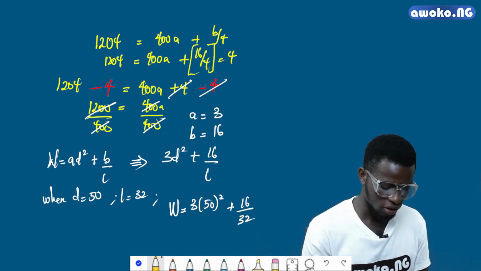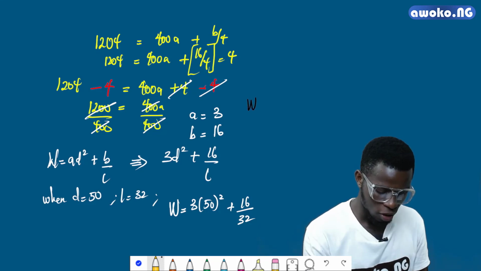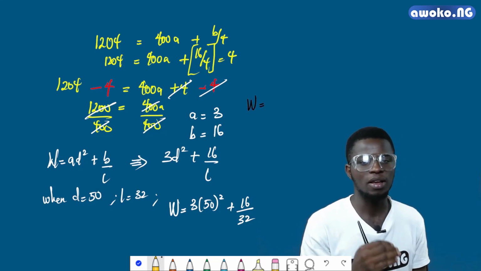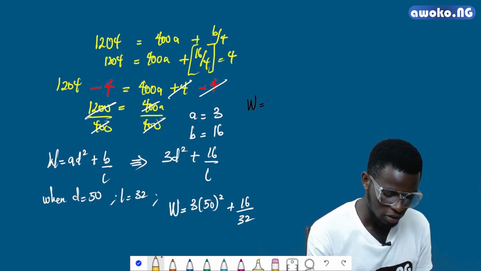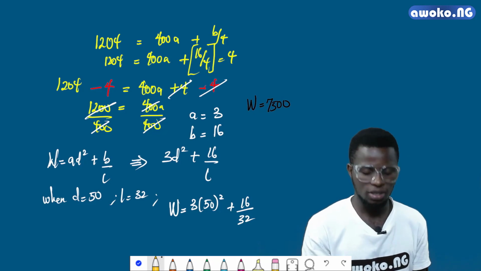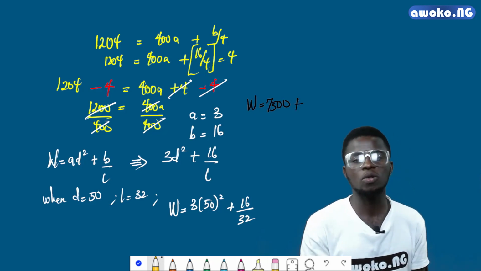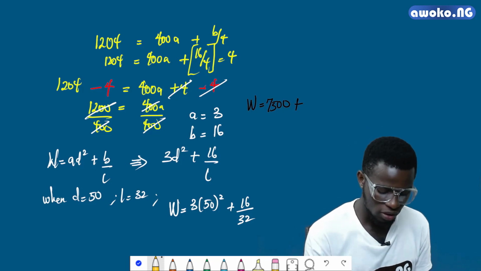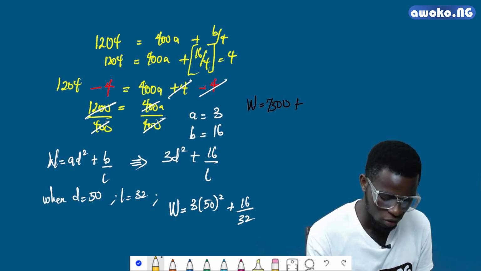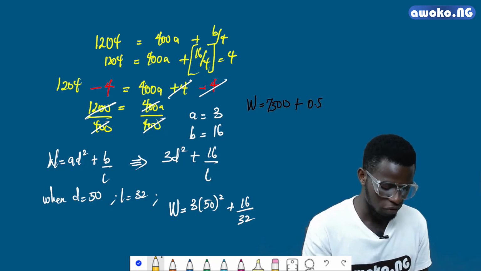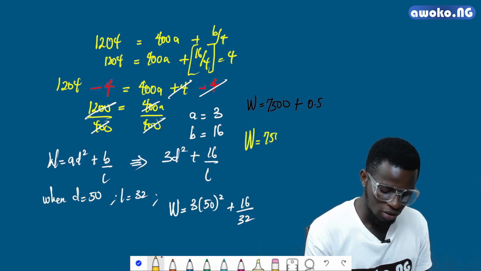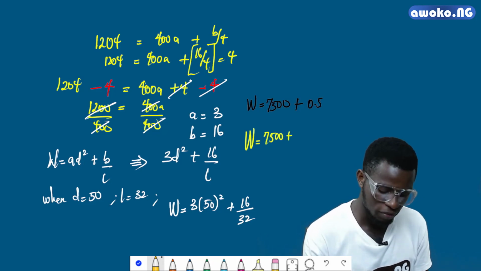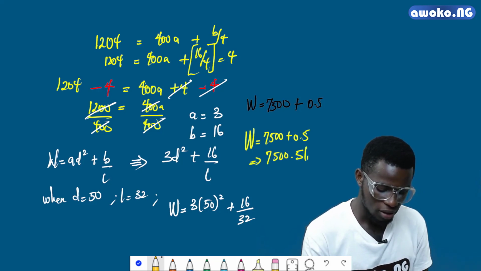And if we solve this further, we will have W equal to 3 times 2,500, which would be 7,500. All right? 7,500 plus 16 over 32, which is going to give us 1 over 2 or 0.5. So we have W equal to 7,500 plus 0.5, which will be equal to 7500.5 liters.